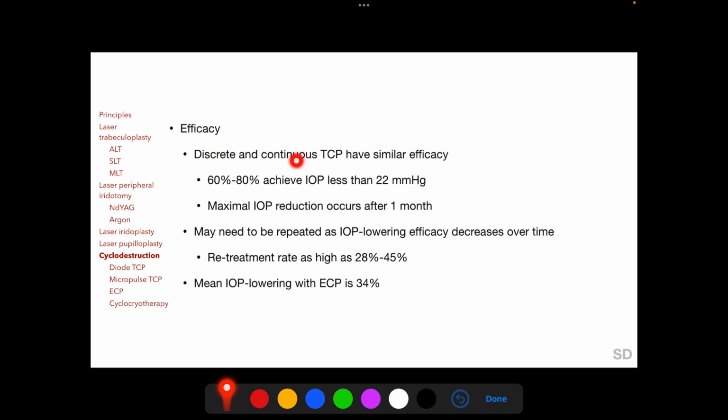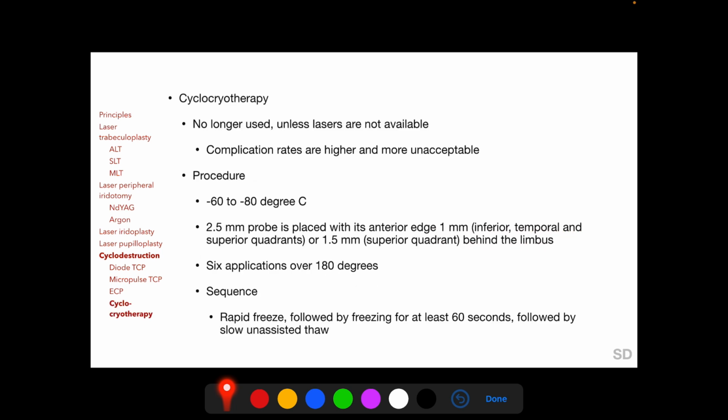Discrete and continuous TCP have similar efficacy, and 60 to 80% of treated patients achieve intraocular pressure less than 22 millimeters of mercury. Maximal IOP reduction following cyclophotocoagulation occurs after 1 month of treatment. Cyclophotocoagulation may need to be repeated as the intraocular pressure lowering efficacy decreases over time.